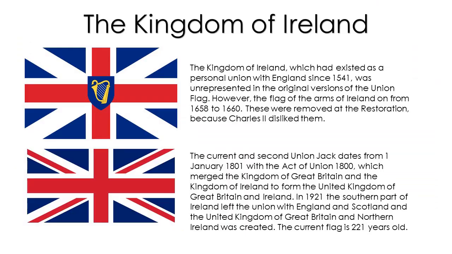So we now need to go on to the Kingdom of Ireland, and this gives us an understanding of what happened for the current flag to be the current flag. So the Kingdom of Ireland existed as a union with England since 1541.